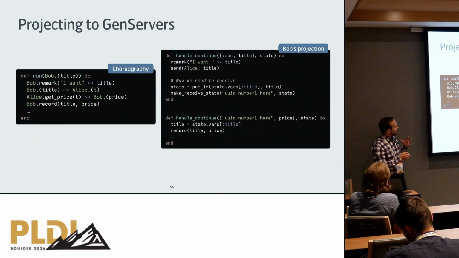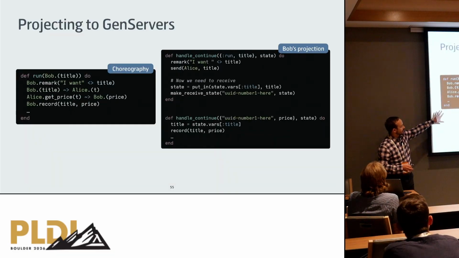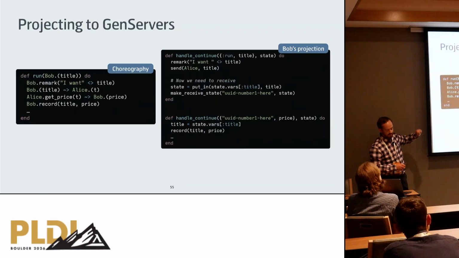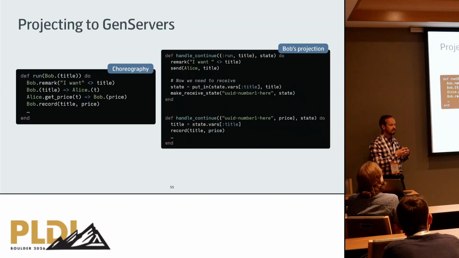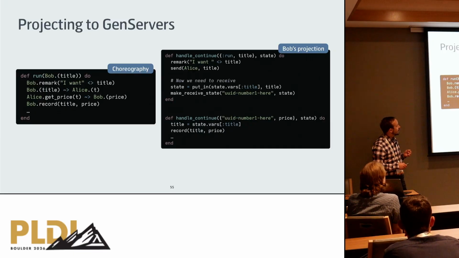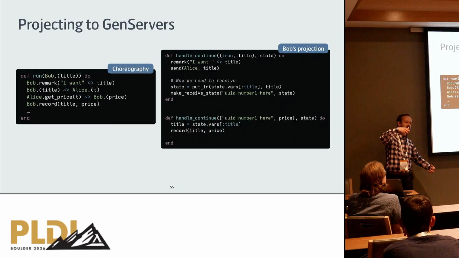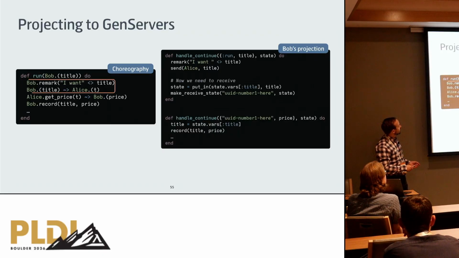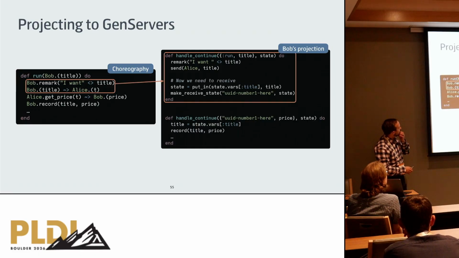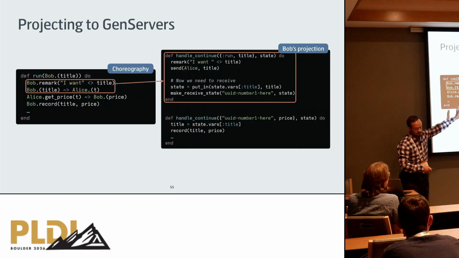So we had to find a way, and this is using Chorex v1 notation here. We had to find a way to make these receives work. So anytime you do a receive in Chorex, it actually has to get split across 2 message handlers. So for example, here's the first half of the choreography where Bob says something and sends it to Alice. And that's the top function there.